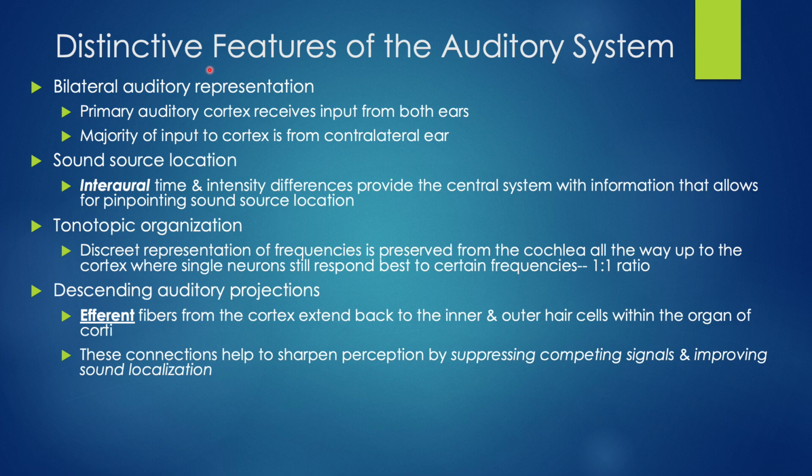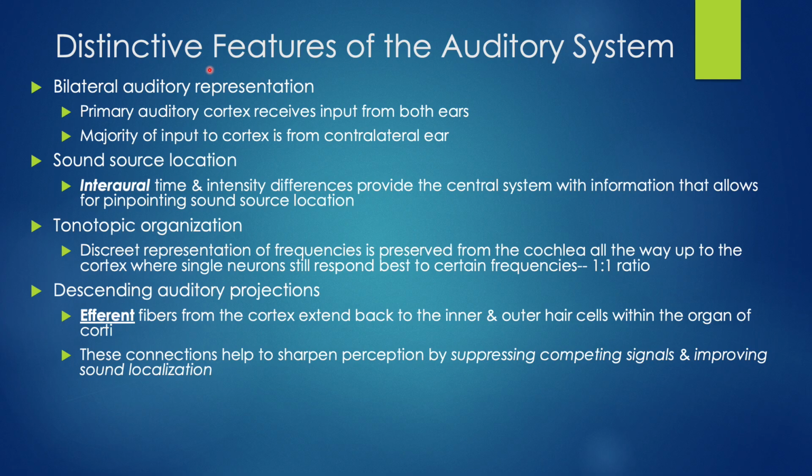Distinctive features of the auditory system: we have bilateral auditory representation, 2 Heschl's gyri. To be clear, you have a Heschl's gyrus in your right temporal lobe and your left temporal lobe, because you've got two cochleas with two sets of hair cells.